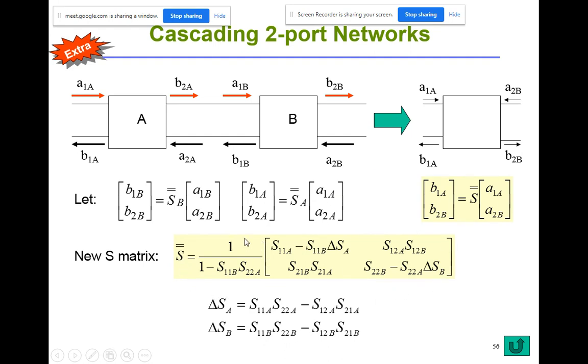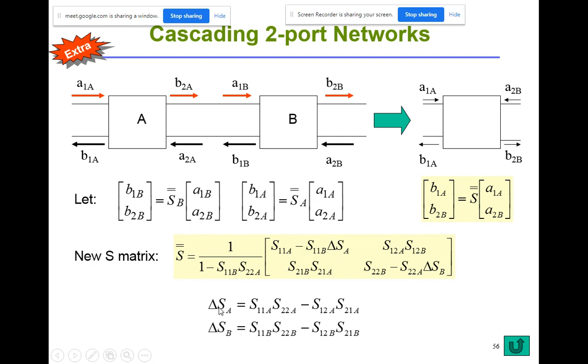Okay, you take 1 over 1 minus S11 of B multiplied with S22 of A. All right, and then the values S11, S12, S21, and S22 are given by all these formulas. Okay, here you have delta SA, delta SB.